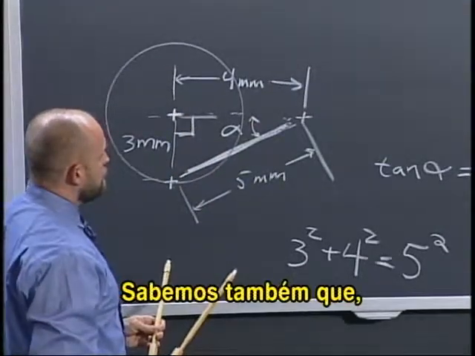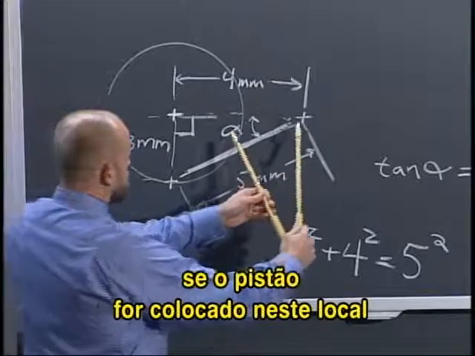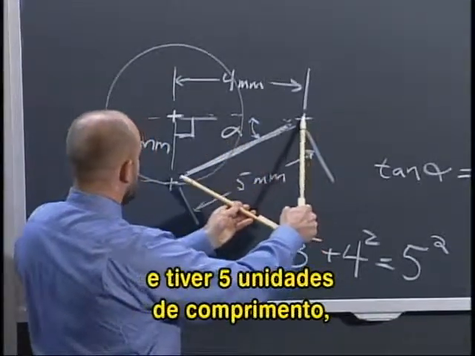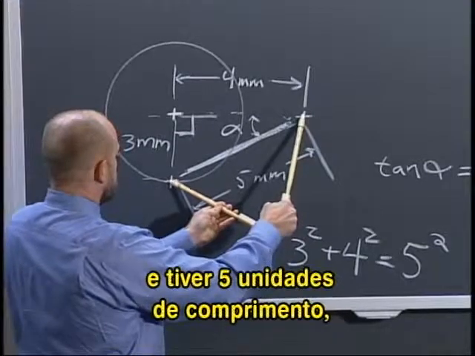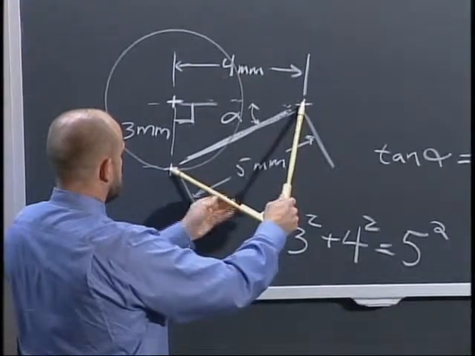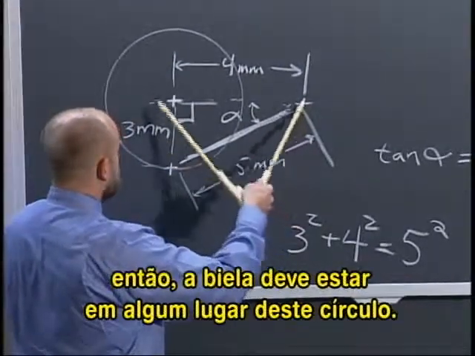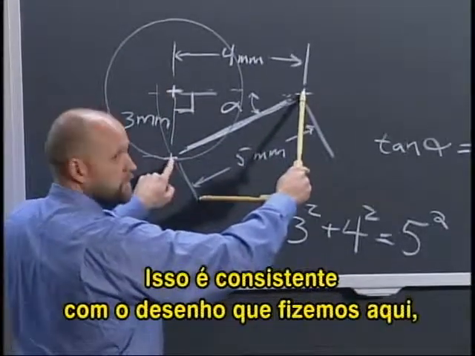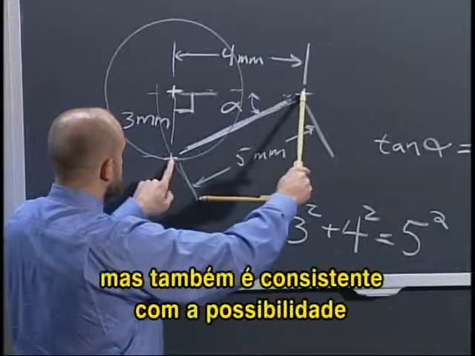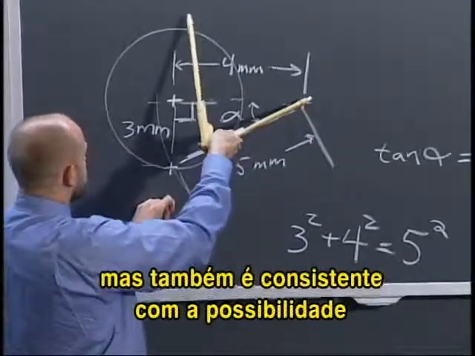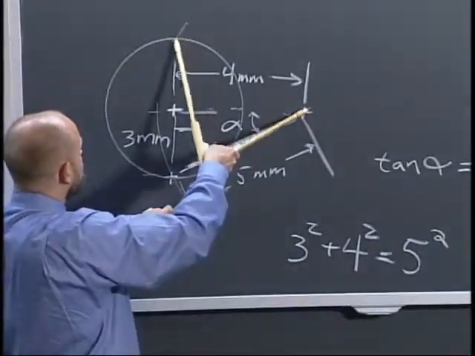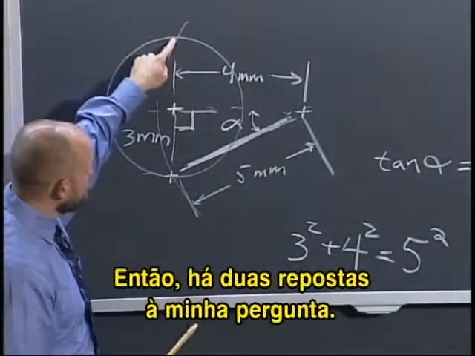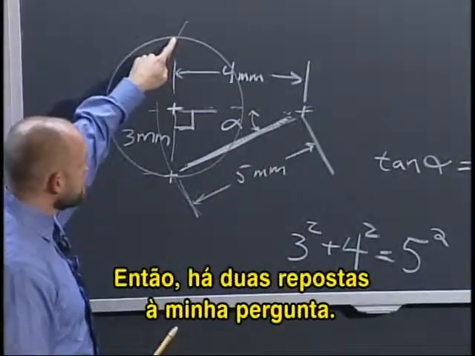The other thing we know is that if the piston is placed at that location and is 5 units long, then the connecting rod must be somewhere along this circle. That's consistent with the drawing we've made here, but it's also consistent with the possibility that the connecting rod is up here. So really there are two answers to my question.